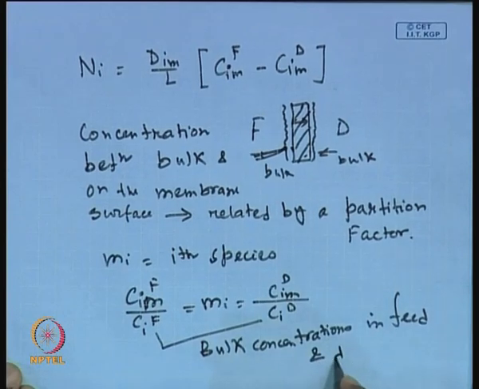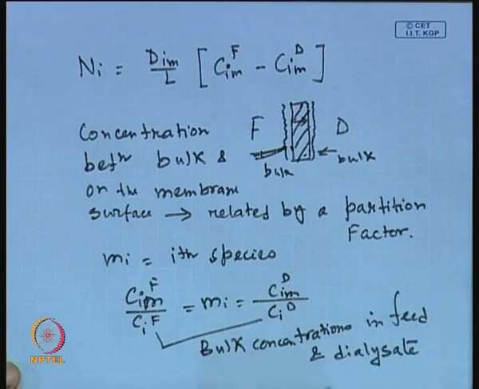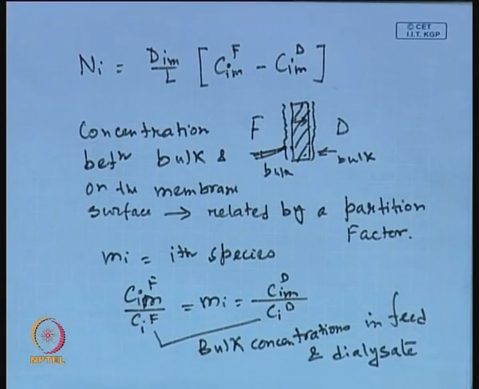in feed and dialyzed. That means we are simply assuming right now that the bulk concentration on the feed side and the dialyzed side and the surface concentration of the solute are related by a simple partition coefficient or partition factor.